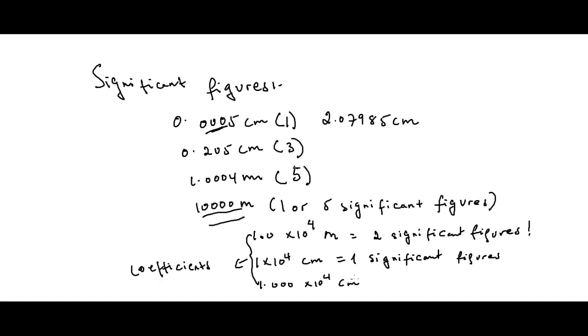So in this case, you will have 4 significant figures. This is how we count significant figures. Remember, we don't have significant figures in exact numbers, but we have significant figures in measured numbers. Okay, let's go to the next slide.